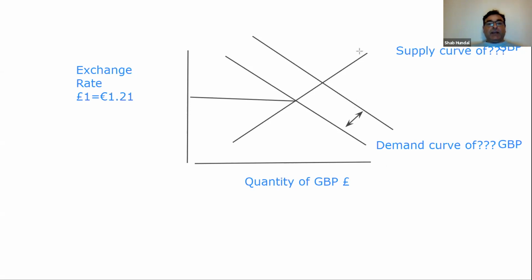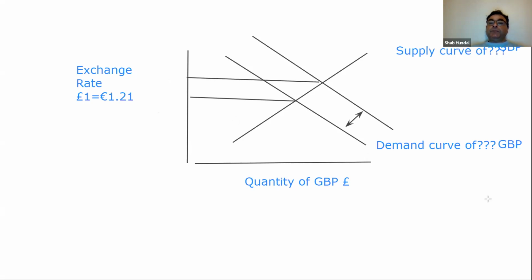And as a result, the new equilibrium will no longer be here, but the new equilibrium would be established at this point. And as a result, the exchange rate can go up, maybe more than 1.21. It was 1.21 before, but now it seems to be 1.4 or 1.5.